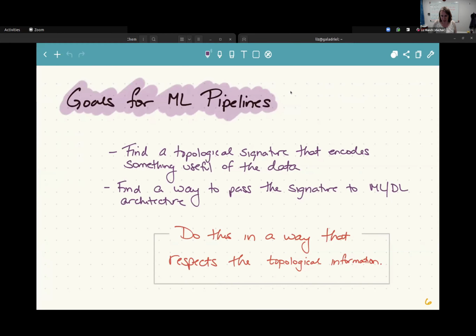Right, so as a general mantra of where we're going to go with this, one of the main things I'm trying to do is find a way that I can encode information in whatever my starting data set is in a way that's useful for the domain scientist, right?